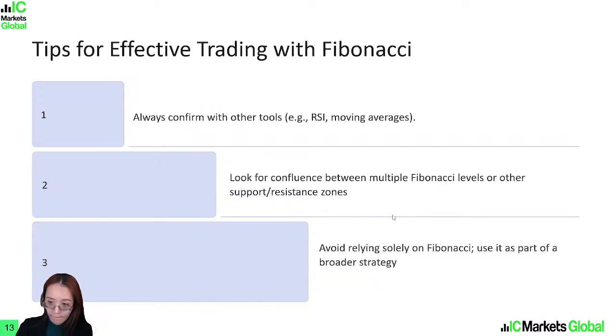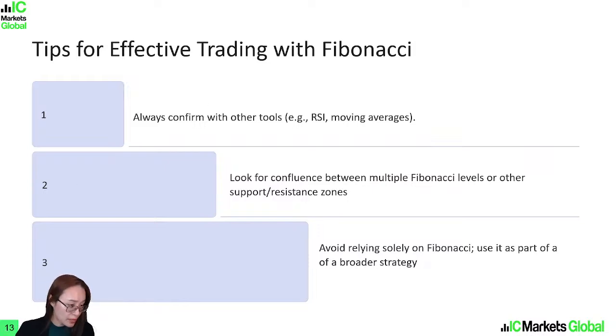And a tip for effective trading with Fibonacci: always confirm with other tools. I just mentioned you can confirm with Fibonacci or moving averages, but my steps are: identify the key level, then plot Fibonacci to see whether your key level lines up with a Fibonacci level, and after that you can use RSI.